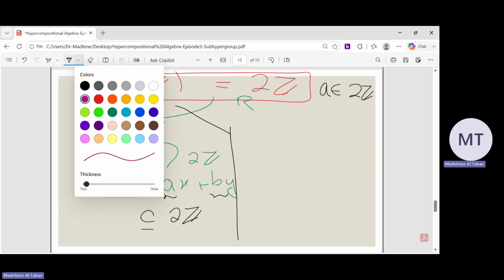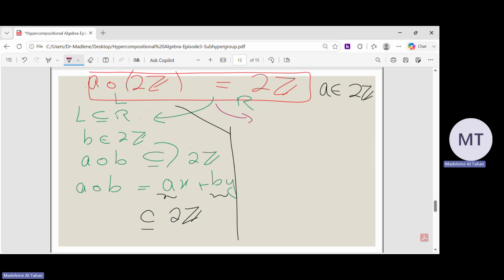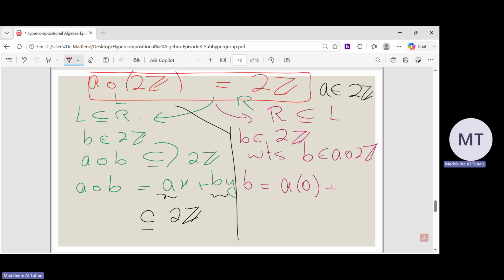Now we'll move to the second one. Our aim is to show that the right is a subset of the left. So we'll take an arbitrary element B in 2Z, and our aim is to show that this element is in A round 2Z. Now let's look at B. Can we write B as A times 0 plus 1 times B?